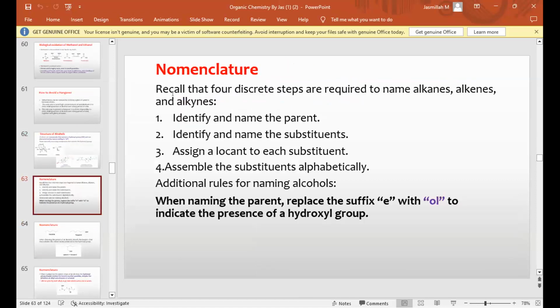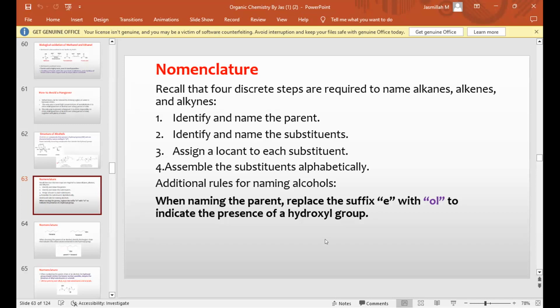For the nomenclature, just like the way we named the alkyl halides, first you need to identify the parent molecule, then identify and name the substituents, and then assign a locant to each substituent, that is the number of the carbon in which the substituent is found. Then finally assemble the substituents alphabetically.